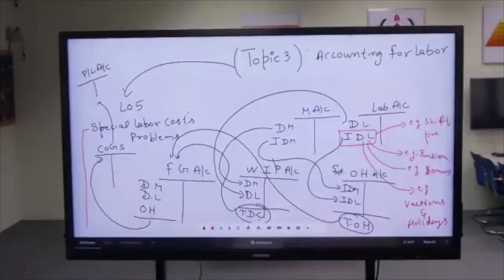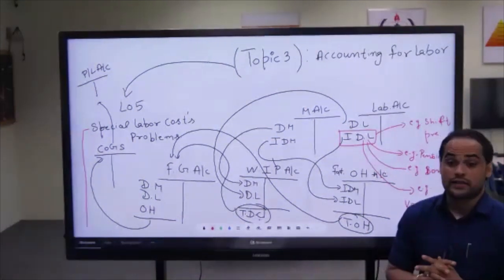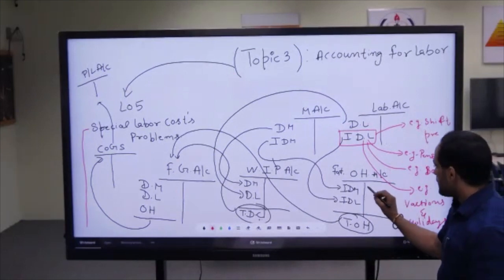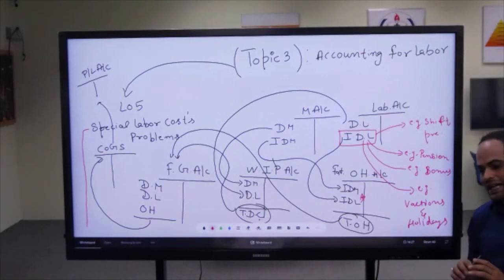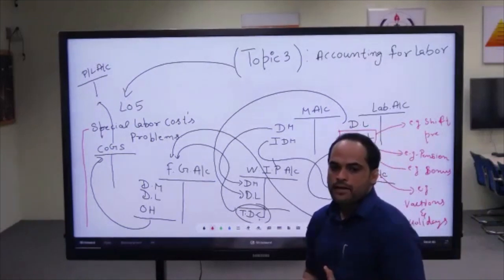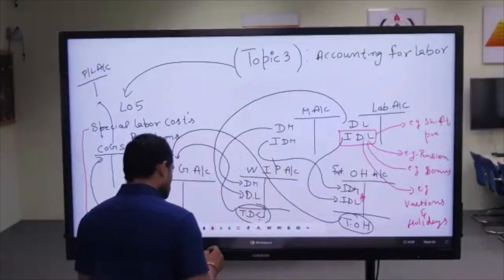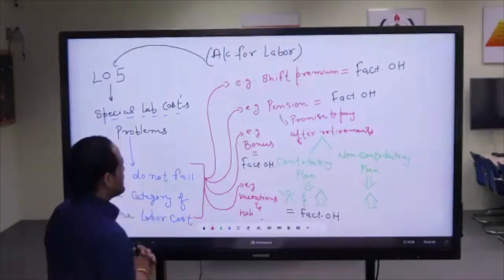These kinds of costs will be treated as special labor cost, which means these costs are not part of your direct labor. This is part of your indirect labor. Indirect labor means factory overheads. So that's the idea behind your indirect labor cost or some kind of special cost.